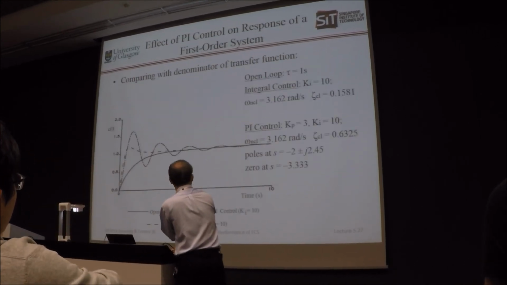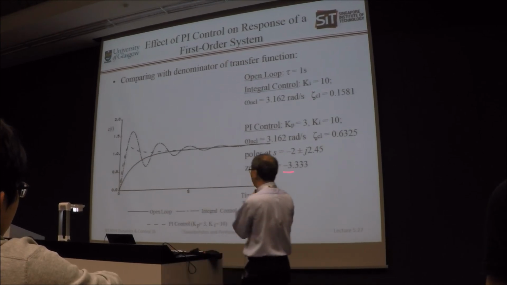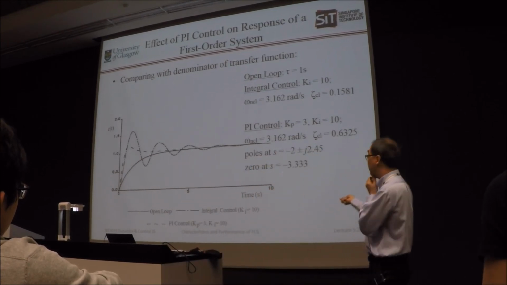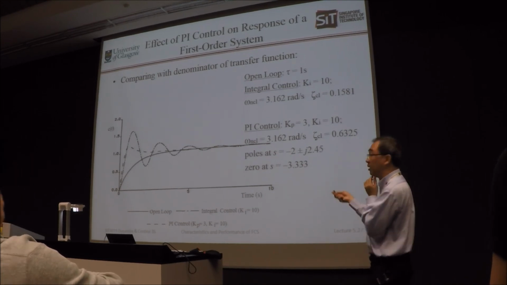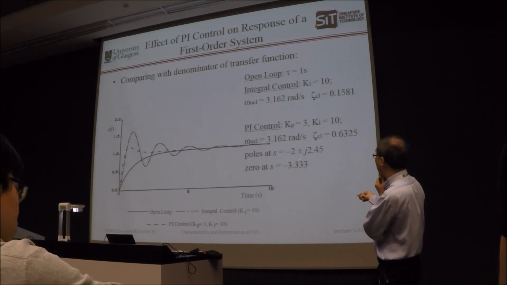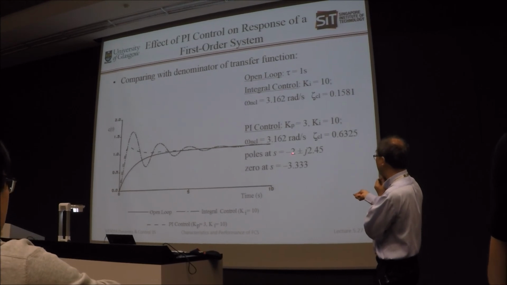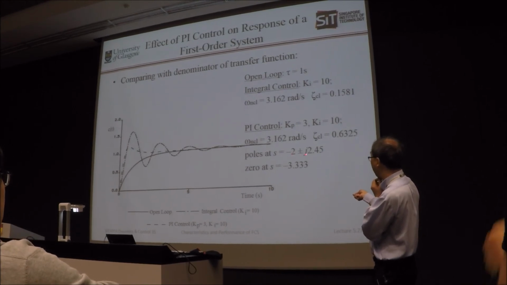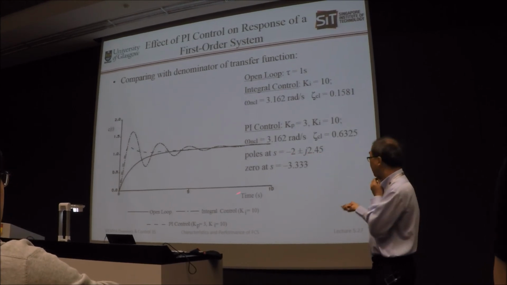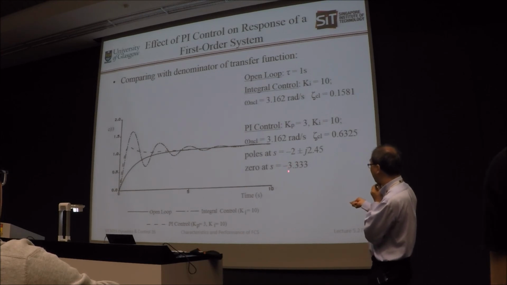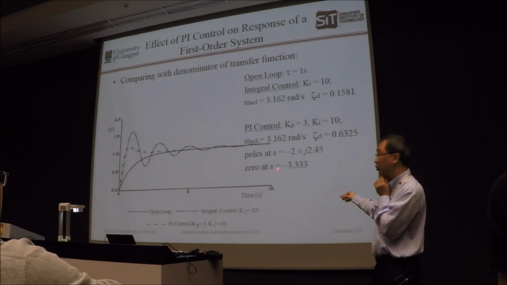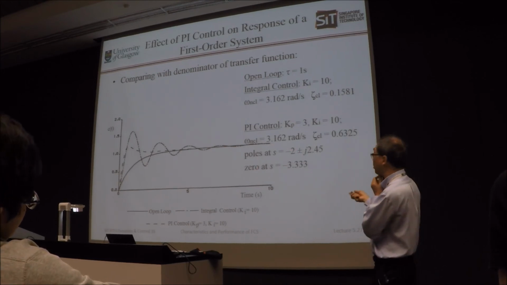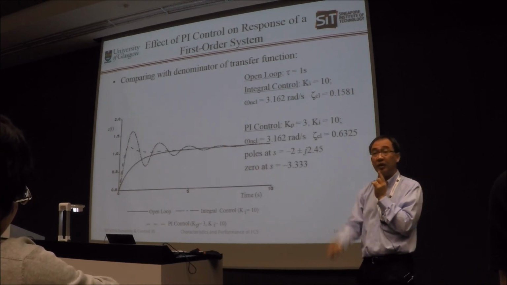This is slightly different from your lecture materials, I think they don't put this in. I added this primarily to show you that now you have a pole at -2 plus minus j2.45. You have a zero at minus 3.333, which is rather close to your pole at -2, if you look only at the real part.